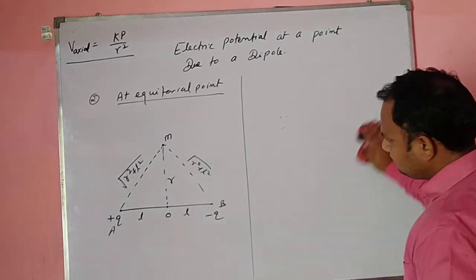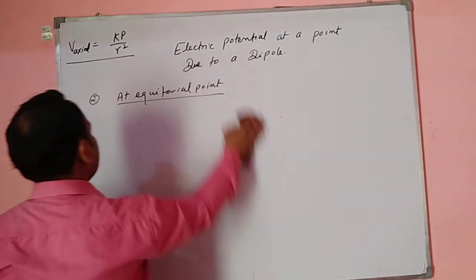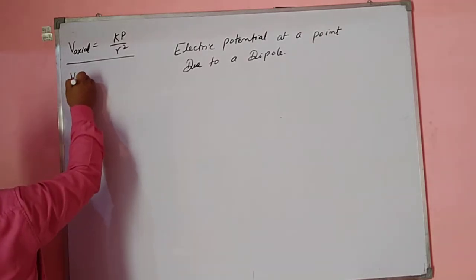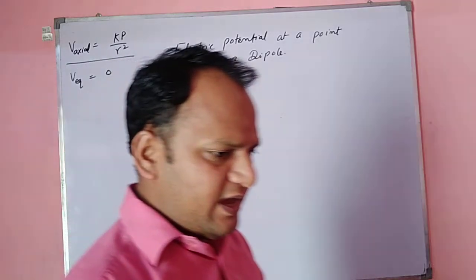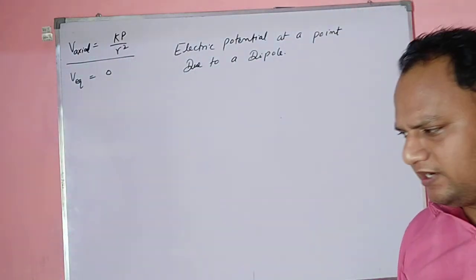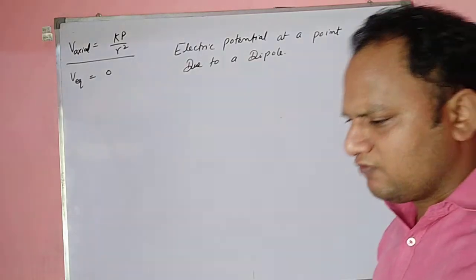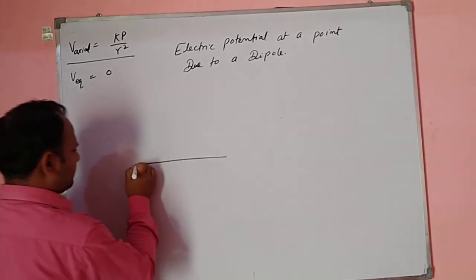Now, next, let me write the answer here: equatorial was 0. The third case is if we have another point which is neither at the axial point nor on the equatorial plane, but at any random point.